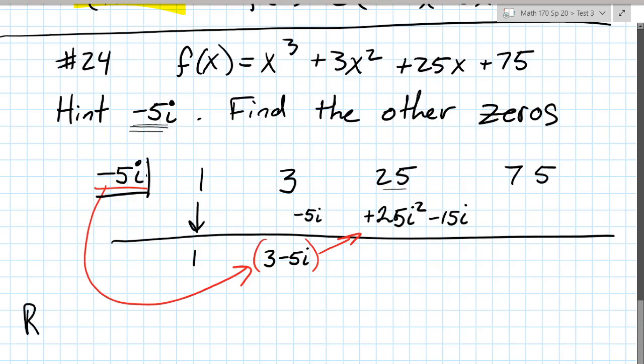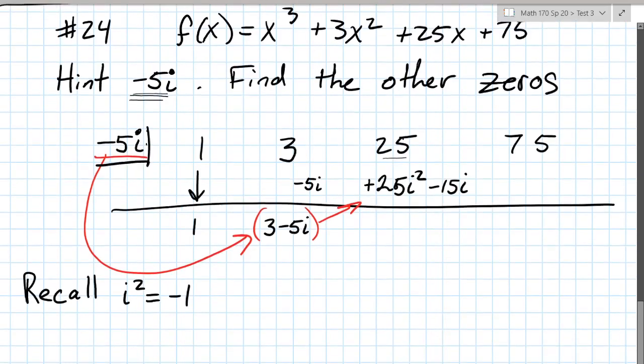Well, that's because if we recall, i squared is negative 1. That means the 25 and the 25i squared are going to have like terms. And in fact, 25 and a 25i squared, those are just the same but opposite. So those cancel each other out.